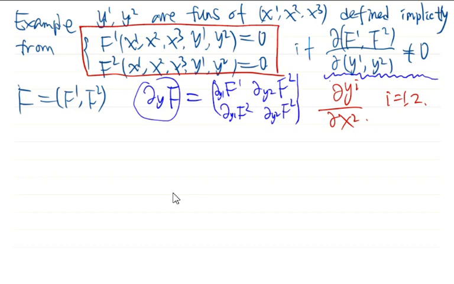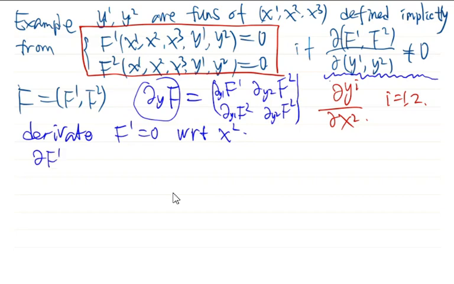Okay, so derive F1 equal to 0 with respect to x2. We obtain dF1/dx2, because the first three variables x1, x2, x3 are independent variables.